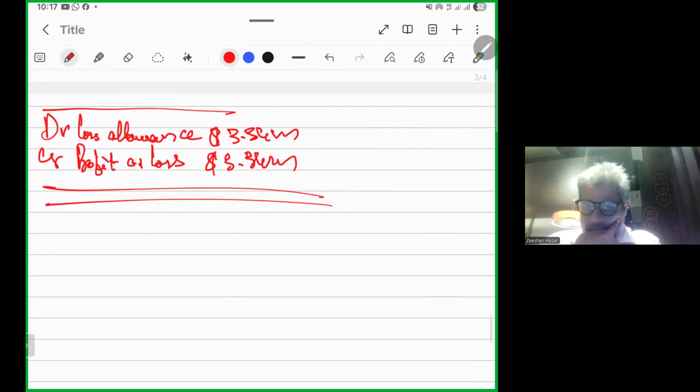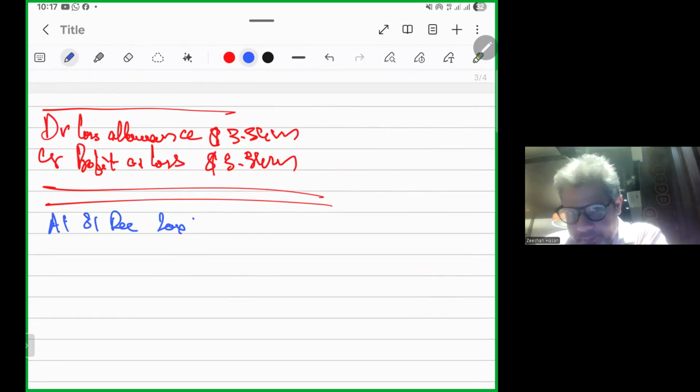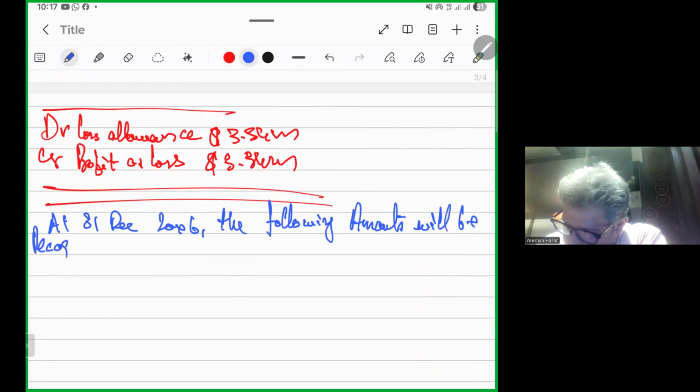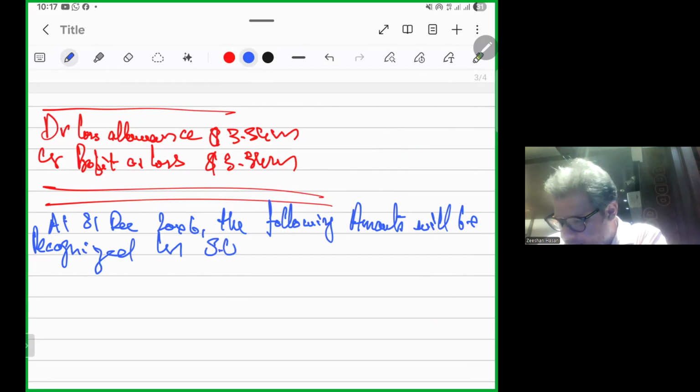Finally, in the end, our closing statement: at 31st December 2006, the following amounts will be recognized in the statement of financial position. The loan carrying amount will be $24.45 million.